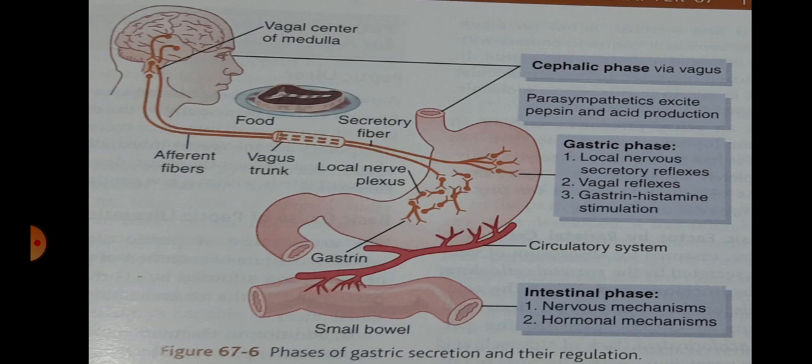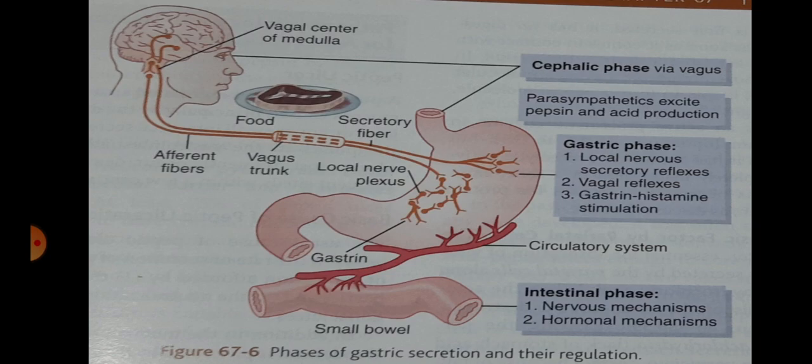In the cephalic phase, the neurogenic signals that cause it originate in the cerebral cortex, right, and in the appetite centers of the amygdala and hypothalamus.